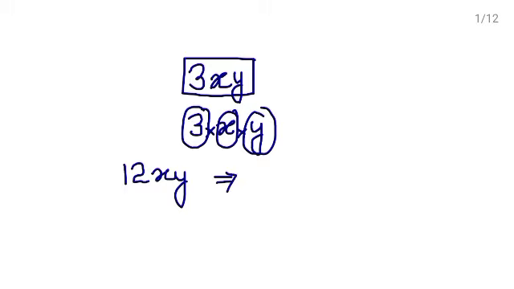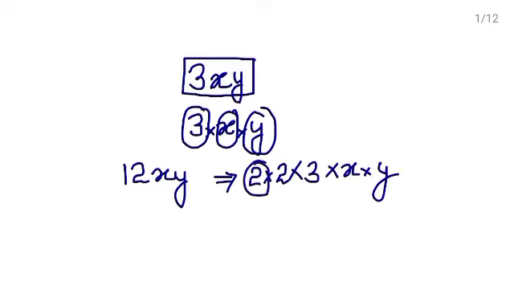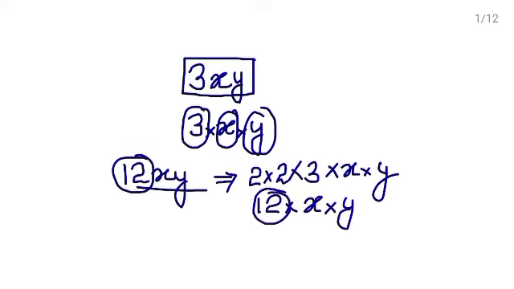So 12 can be written as 2 multiply 3 multiply x multiply y. So these 2, 3, x, y can be factors of this. Or you can also say that 12 is the numerical factor. आप इसको ऐसे भी लिख सकते हैं 12 multiply x multiply y. So 12 is the factor of 12xy, x is the factor of xy, y is the factor of 12xy.